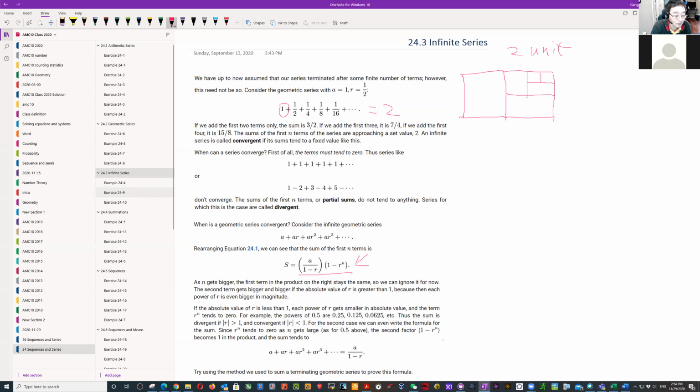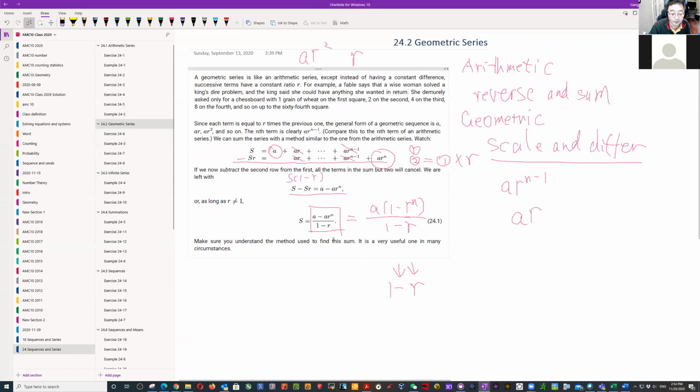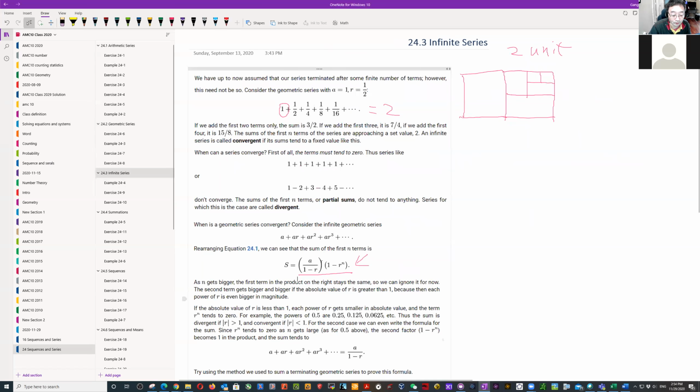This is just another format of the previous example. The previous example did not factor out A, so if you factor out A, it's just going to be the same thing. So basically, the finite sum of an infinite series will be expressed in this format.